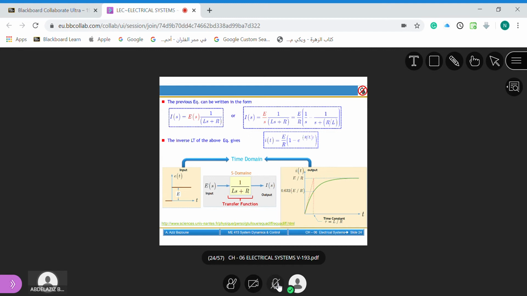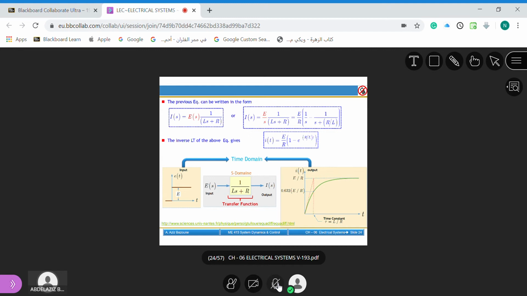So if the input is a step, A, constant, the transfer function is 1 over Ls plus R. It shows that we have an inductor and resistor. The denominator of the transfer function is called the characteristic polynomial.